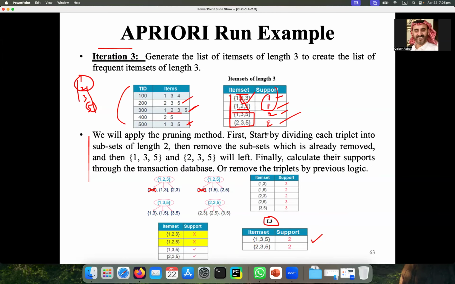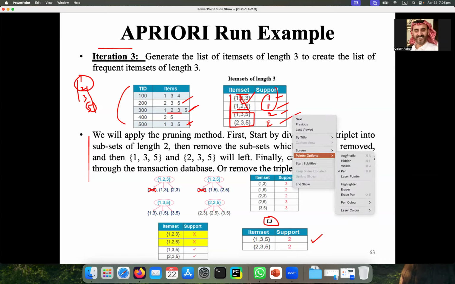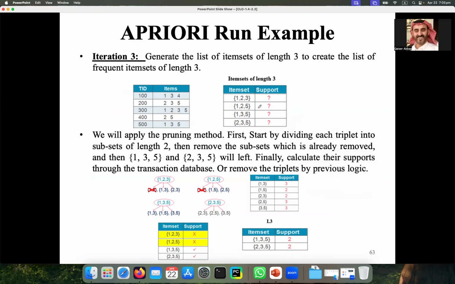For example, consider these triplets one by one. 1, 2, 3: the possible pairs are 1 and 2, 1 and 3, and 2 and 3, which are mentioned here. And then 1, 2, 5: the possible pairs are 1, 2, 1, 5, and 2, 5. Similarly for all the others.